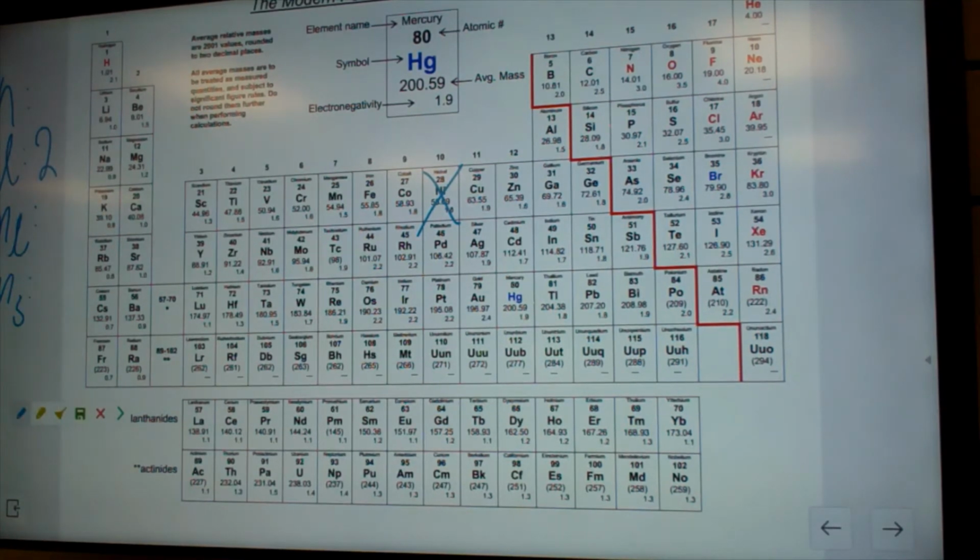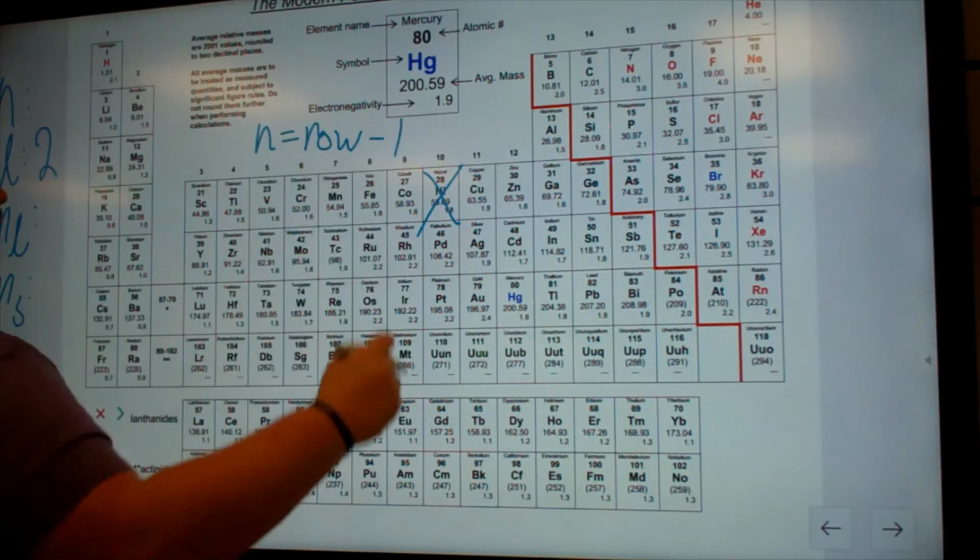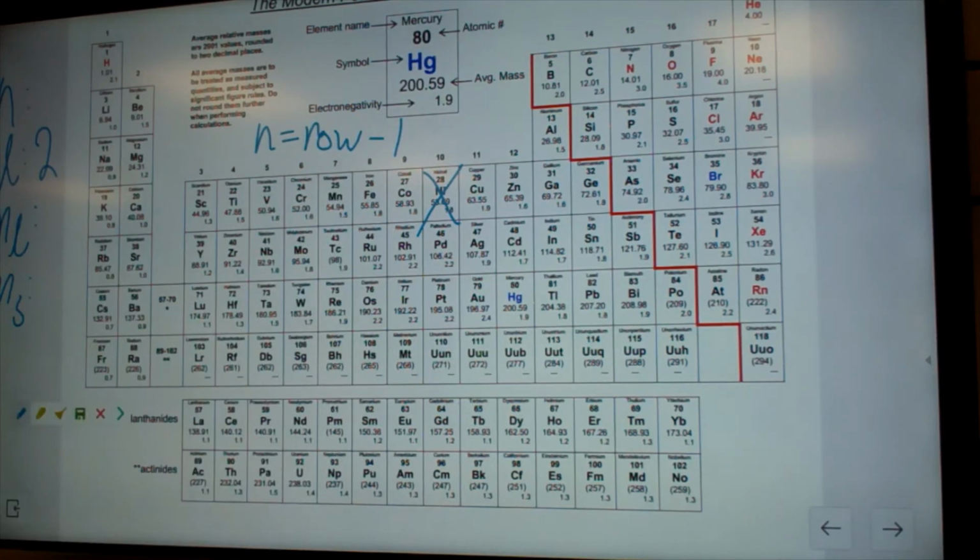I'm in the 4th row. Does that mean N equals 4? Hopefully you are telling me no, because you're in the D block, and for the D block, N is equal to row minus 1. So we take the row, we're in the 4th row, subtract 1, 4 minus 1 is 3.